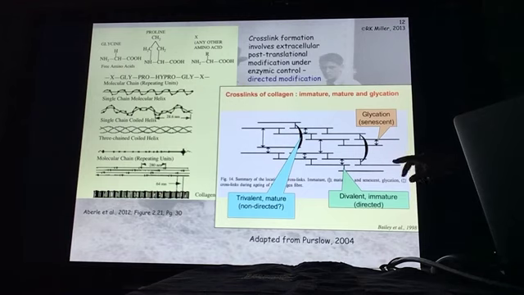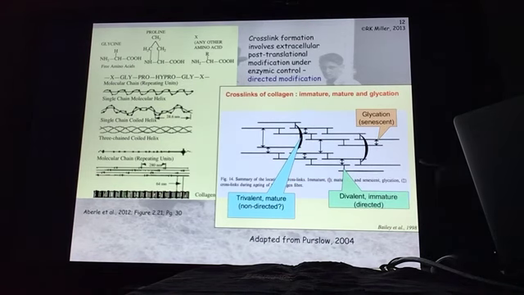Each one of these is a tropocollagen, and he's showing the different types of cross-links. He's only showing inter. That doesn't mean there aren't intra, but he's showing intermolecular cross-links, so you can see how it helps to hold that matrix together.